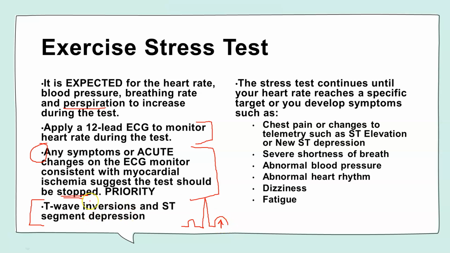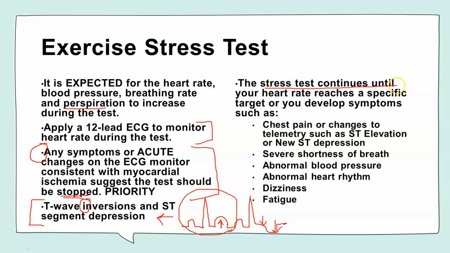We use inversion instead of upside down because it starts with an I. So if I do have new ST segment or T wave inversion, so I can have depression here or I can have depression there, that is a significant change that is indicative of ischemia, especially if I have them stop and then they go back to this. All right.